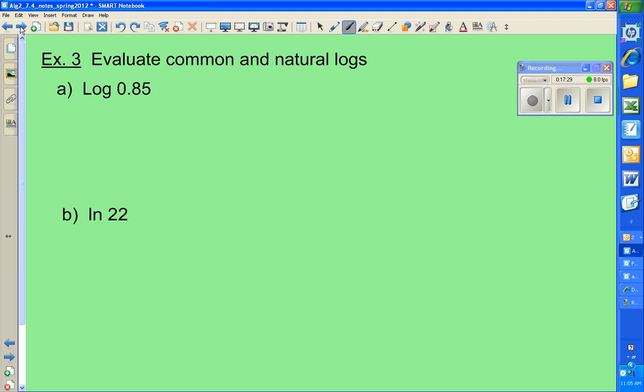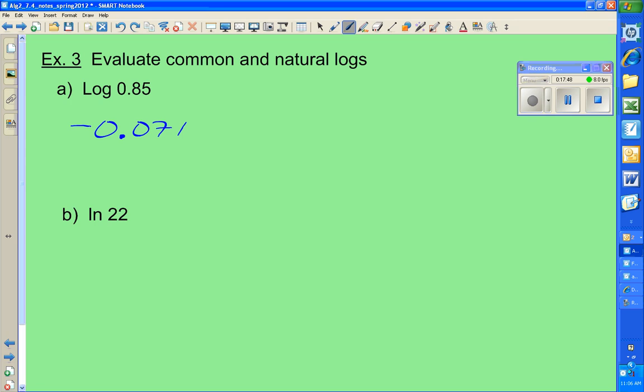Press the button. Negative 0.07. 3 decimal places for everything except money in applications.